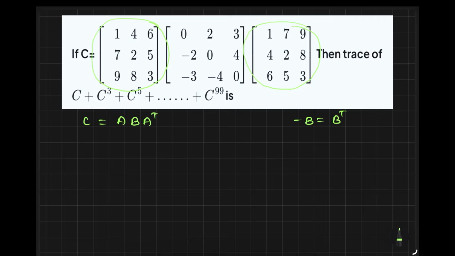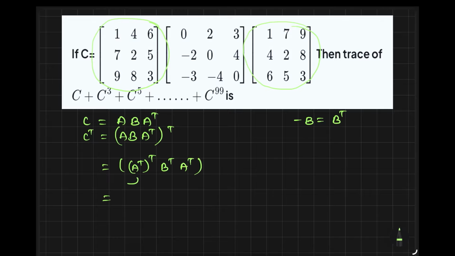Now, taking transpose both sides, so B, A transpose, and then whole transpose. Now you know that while taking transpose, if things are in a product, it changes the order, means the shoes and socks method. So we have to write A transpose, then B transpose, then A transpose.